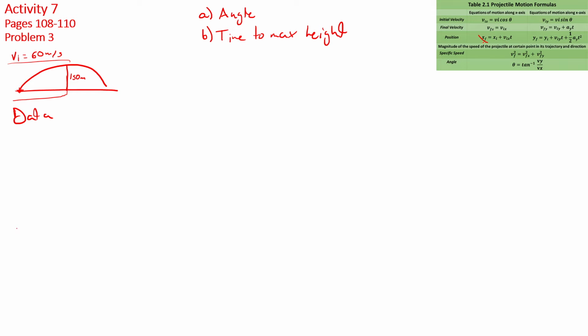Because you don't know the final position and you don't know the time. Here, you know the final position in the y-axis, but you don't know the initial velocity in the y-axis, because you don't have the angle. So you have two unknown variables. And here you also have two unknown variables.